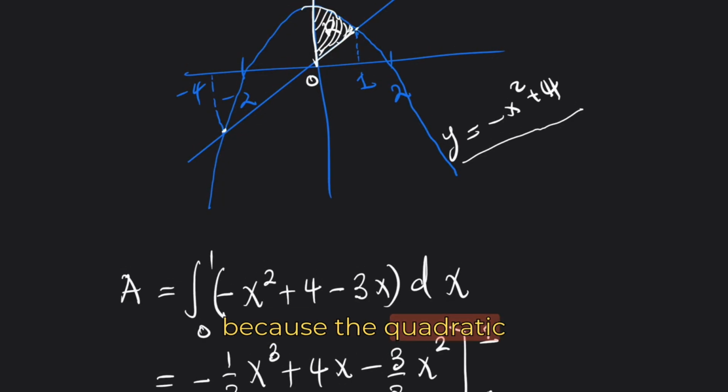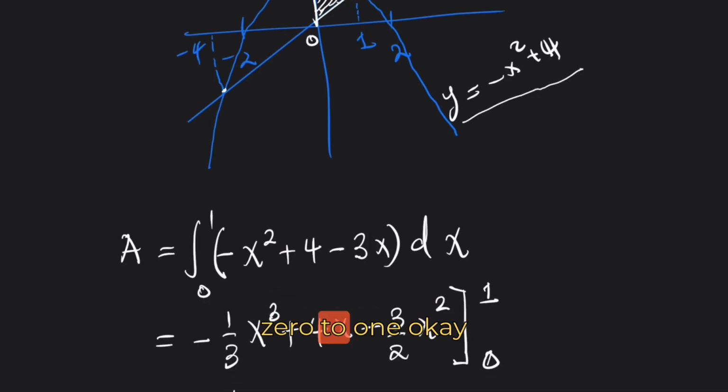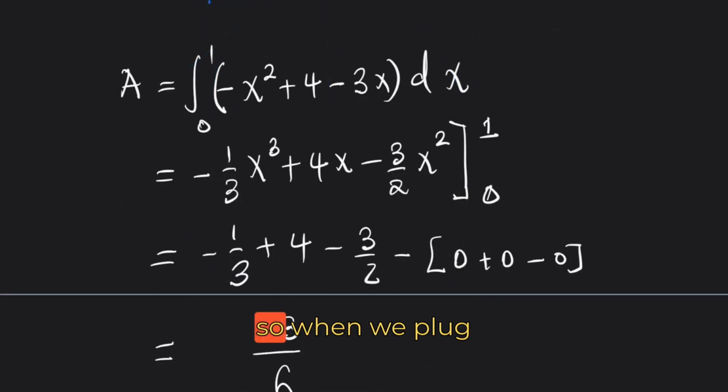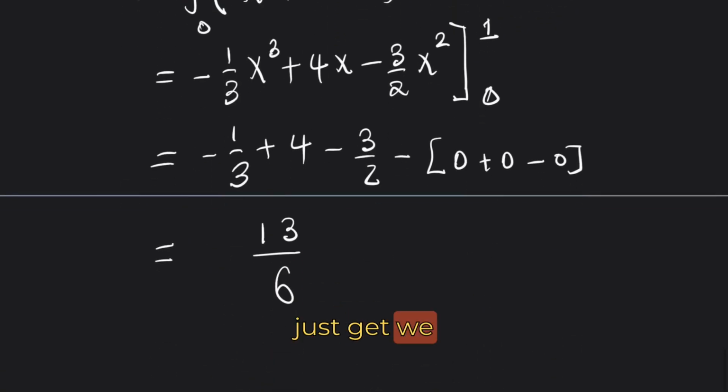Because the quadratic function is above the linear function, we write negative x squared plus 4 minus 3x with respect to x. Then we integrate and plug in our limits from 0 to 1. When we plug in 1, we get negative 1 over 3 plus 4 minus 3 over 2, then minus 0, because when we plug in 0, everything is 0.